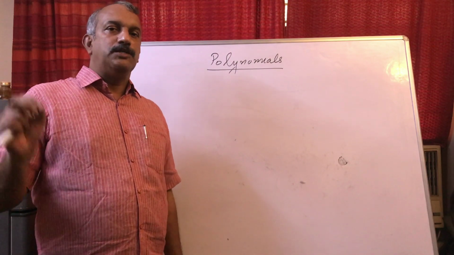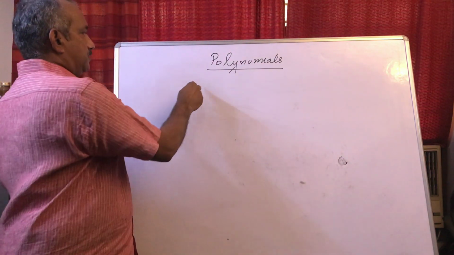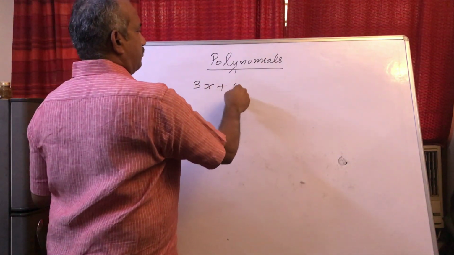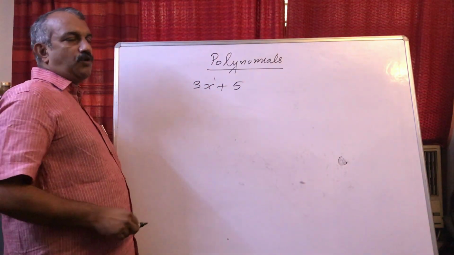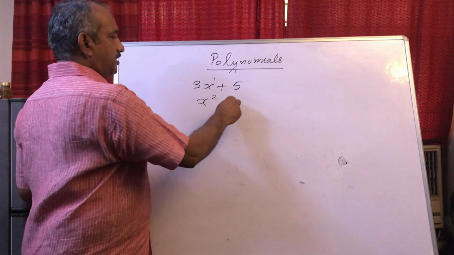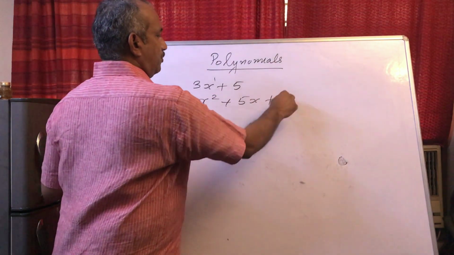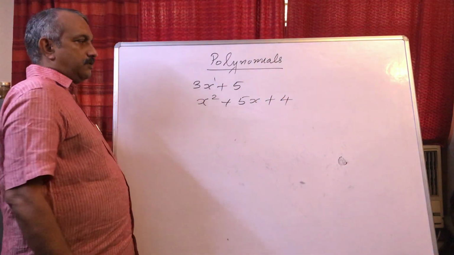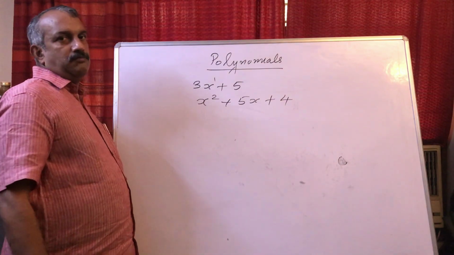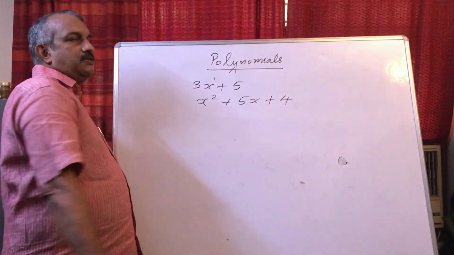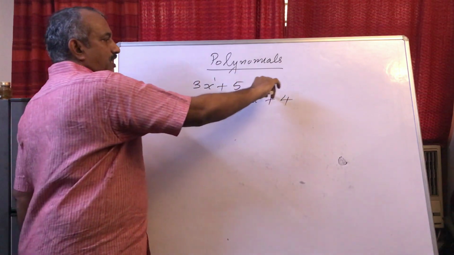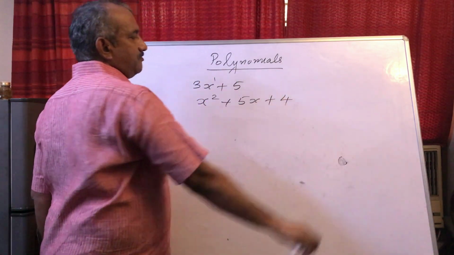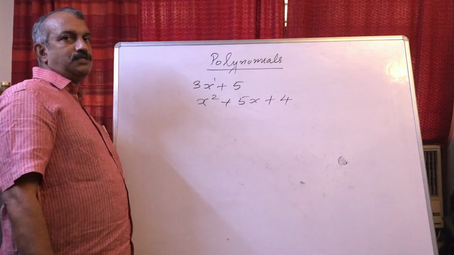as a polynomial. Say 3x plus 5 is a polynomial because the highest power of the variable is 1 only. Say x square plus 5x plus 4, it is a polynomial because the powers of the variables are 2, 1 and 0, because 4 is the same as 4x raised to 0.